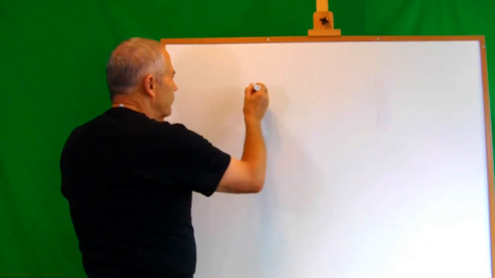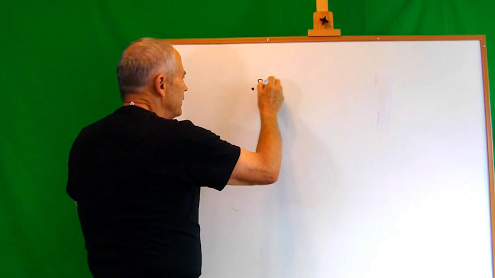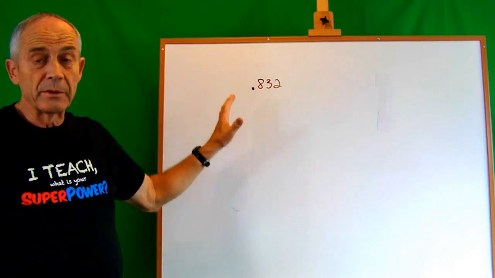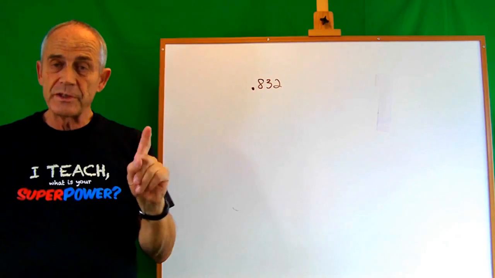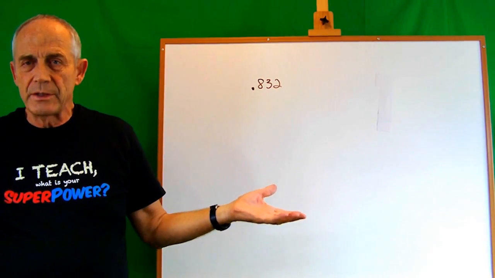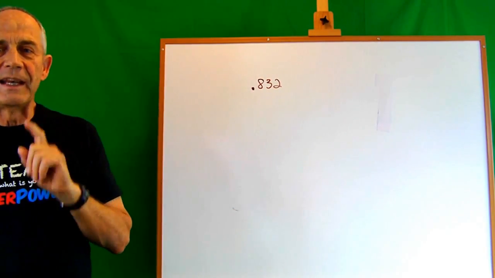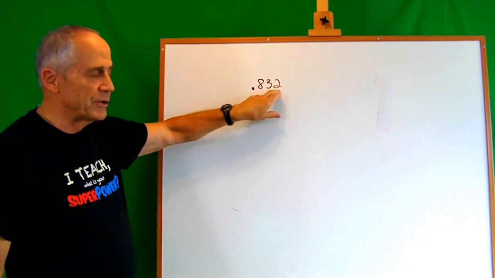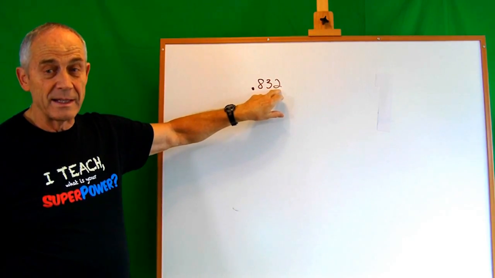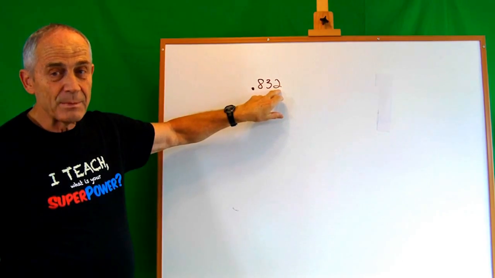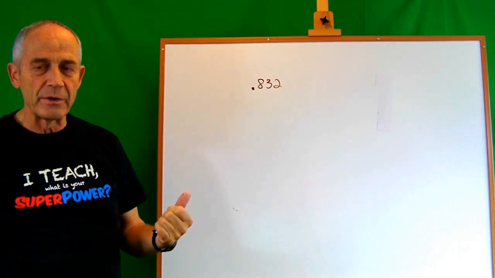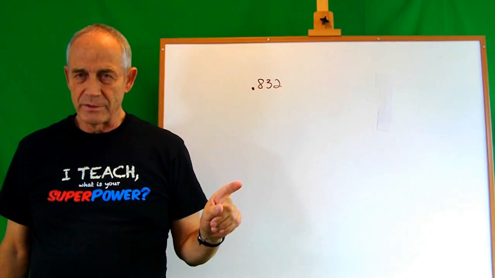Let's say we've got 0.832. There's nothing over here, so we don't have to worry about that part, but you just say the number, 832. To get the name of it, you just count over here and make sure you know what that place is. The decimal place of the last digit. So this is 832 thousandths.